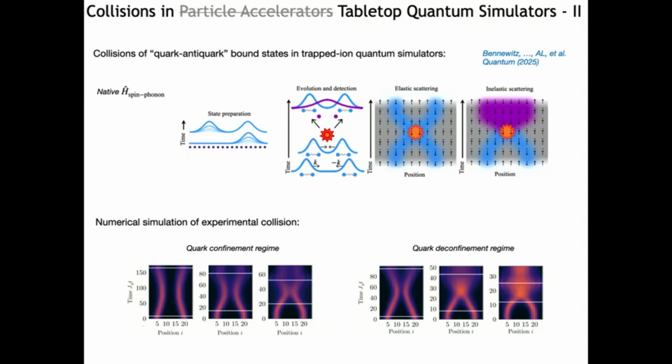So this is just a very quick flash, to give you a flavor of the kind of baby steps that one can take in this approach, and that we believe eventually will lead to getting some non-trivial insights that can be useful for phenomenological models that people use to fit data in particle colliders, for example.